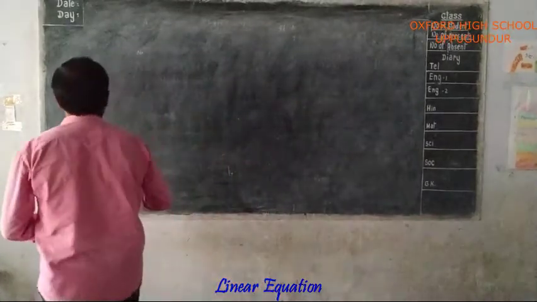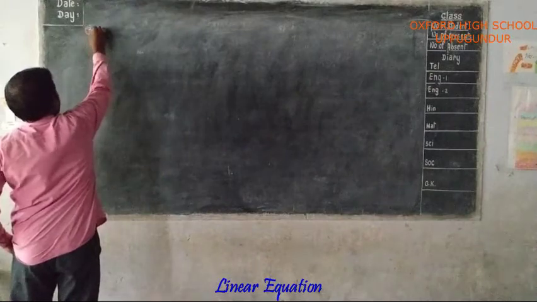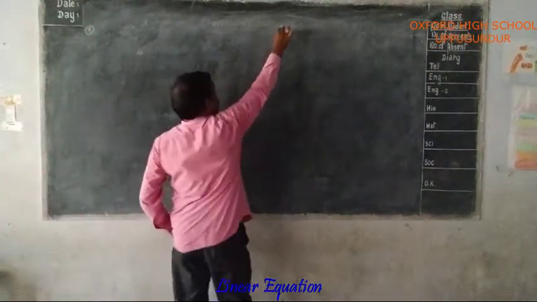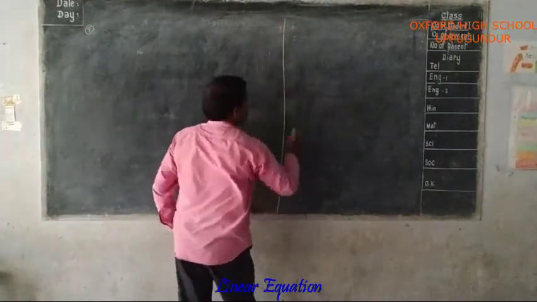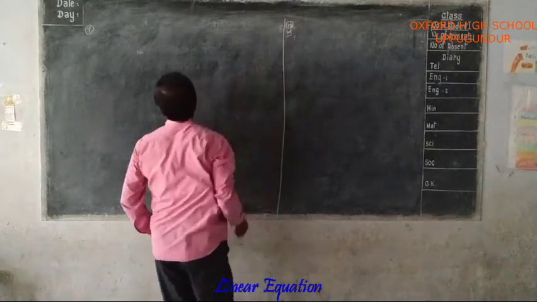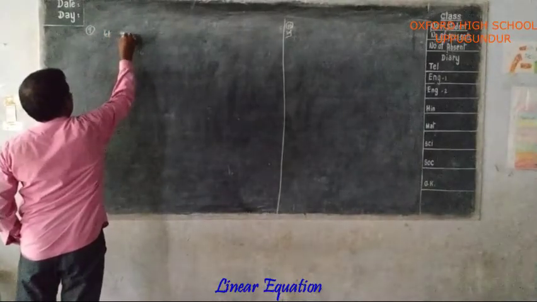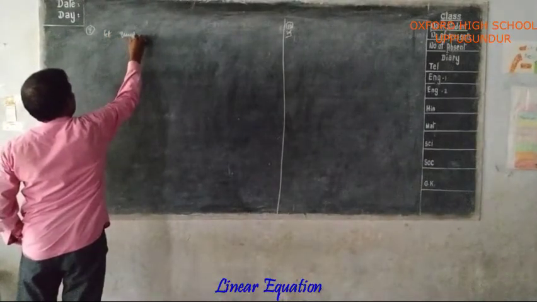So first you assume. The 9th and 10th problems you have to do in the same method. This is about the 9th one. Let both quantities be assumed as x and y.